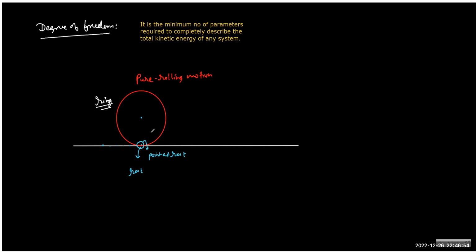So how many parameters do we need to explain the motion of the entire body? What do you think? Sir, every particle inside the body exhibits two types of motion, horizontal and vertical.